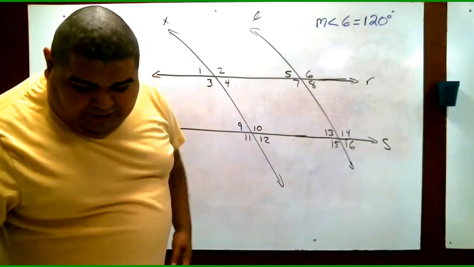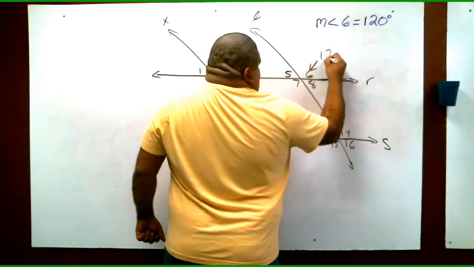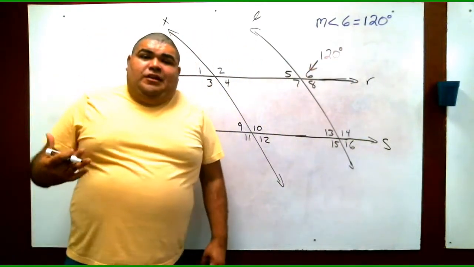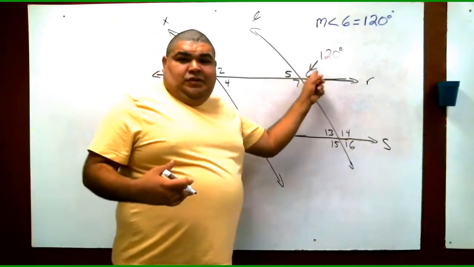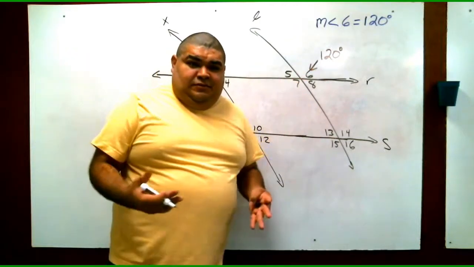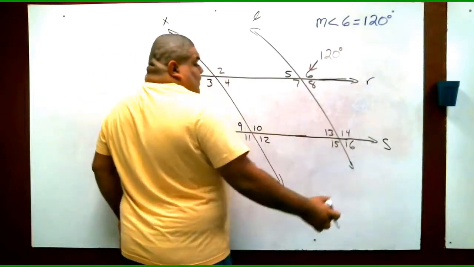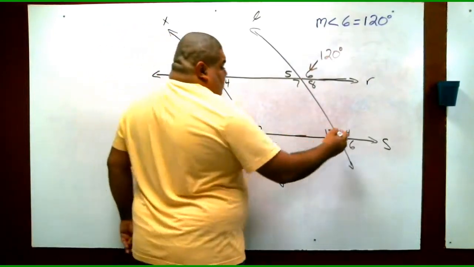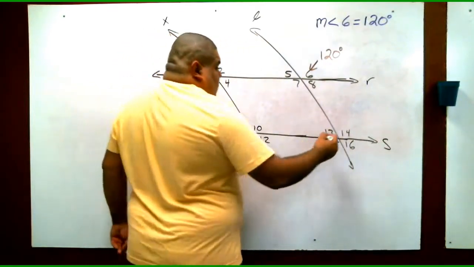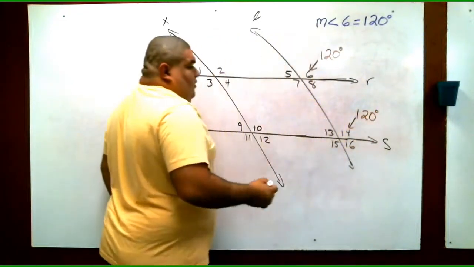If we know that angle 6 is 120 degrees, then by the theorem or the postulate, which are words of your vocab, 14 is corresponding, because they are both corresponding angles. So that means that angle 14 is 120 degrees.